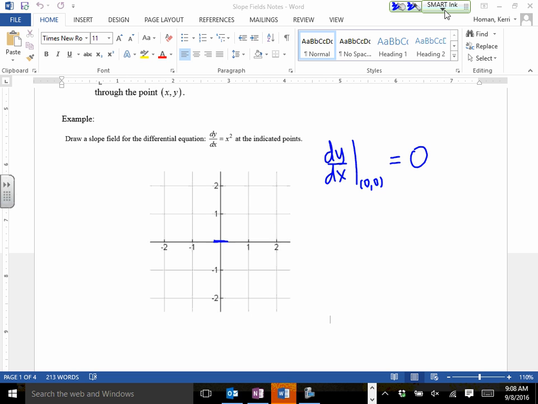dy dx evaluated at 0, 1 is going to give us a slope of 0. Okay. Since this is only relying on x squared, where else do we have 0 slopes?